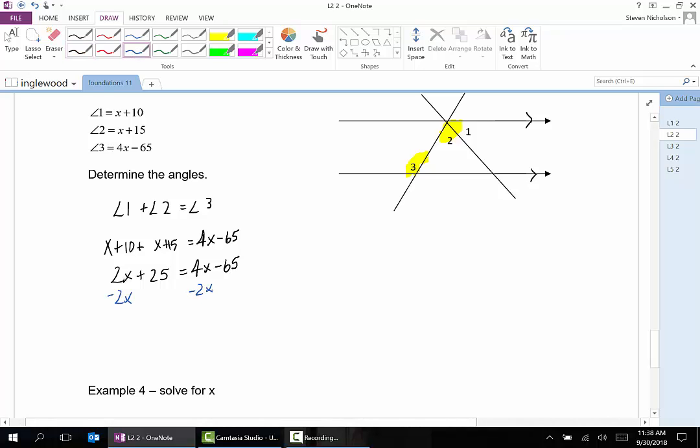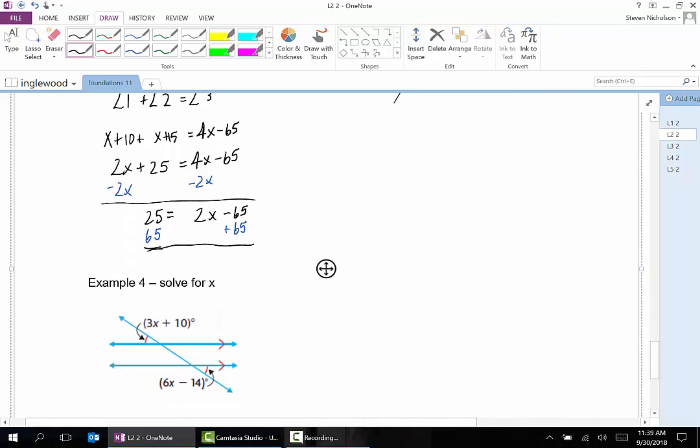So in this case, I'm going to put the x's over here so they stay positive. And if I put the numbers over there, add 65 to both sides, we get 2x is equal to 90, and x is equal to 45.